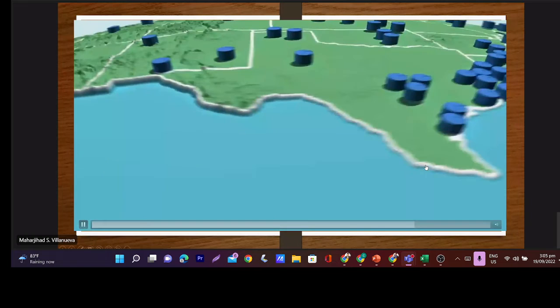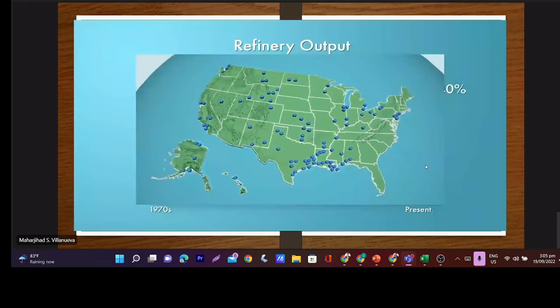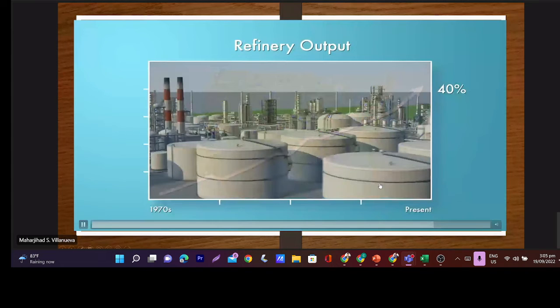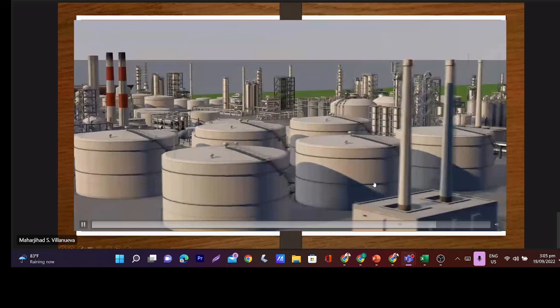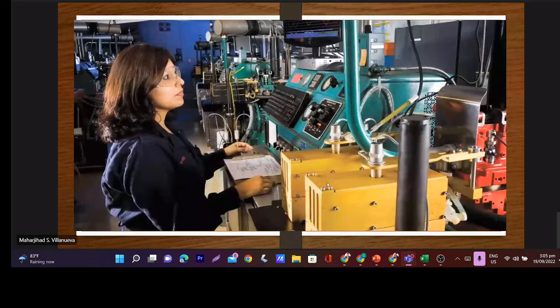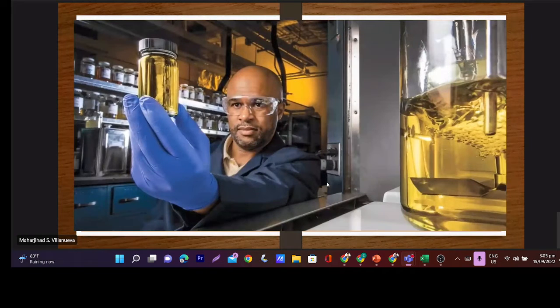In fact, by expanding existing refineries and improving their efficiency, we've increased production of refined products by more than 40% since the 1970s. So the next time you drive by a refinery, think about the scientists and engineers who are helping to efficiently transform raw crude oil into the fuels and products we use every day.